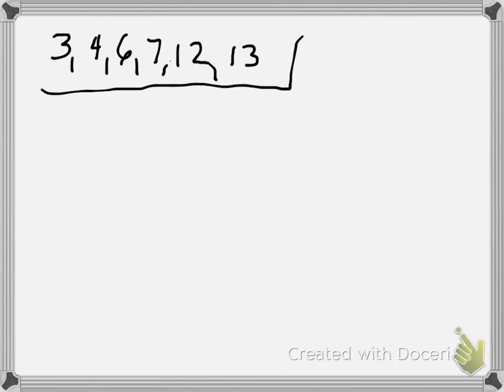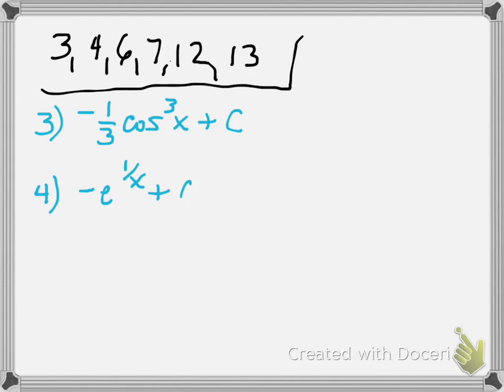Alrighty, here we go, answer time. For number 3, you should wind up with negative 1/3 cosine cubed x plus c. For number 4, you should get negative e to the 1 over x plus c.